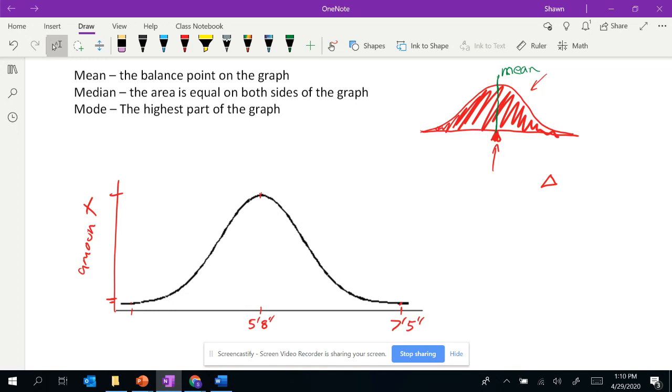Now the median is where the area is equal on both sides of the graph. So again, I'm going to take a look at this graph right here, which is pretty much the same as this one.